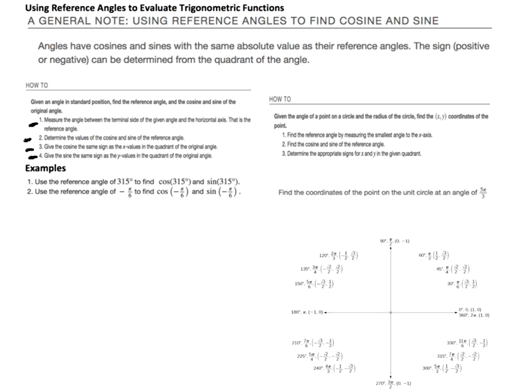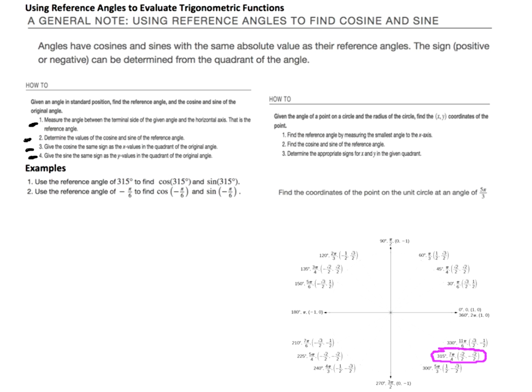Okay, so a 315-degree angle. Down at the bottom right, I have my unit circle. Here's my 315-degree angle, which is 7 pi over 4. And that is living in quadrant 4.